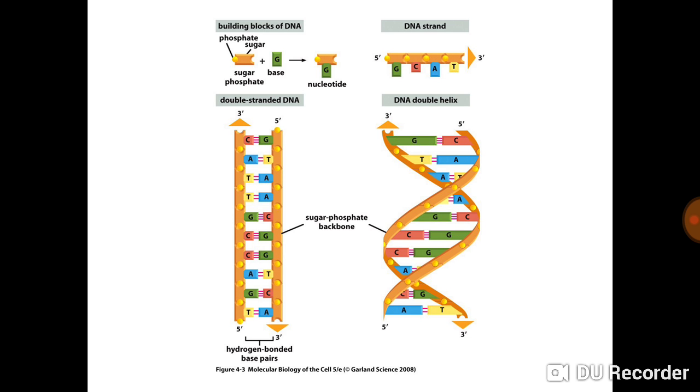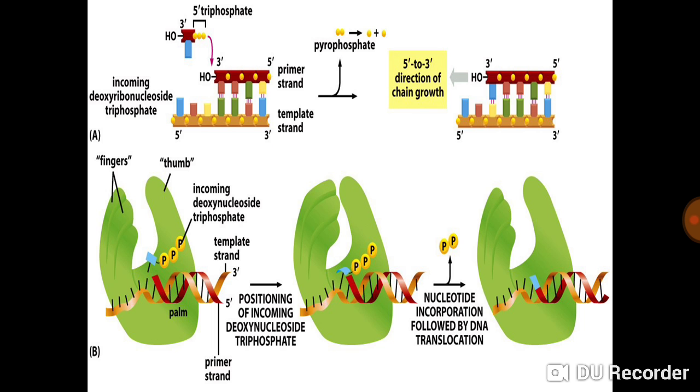The three steps in the process of DNA replication are initiation, elongation, and termination. So exactly here we should know how the process of replication works.